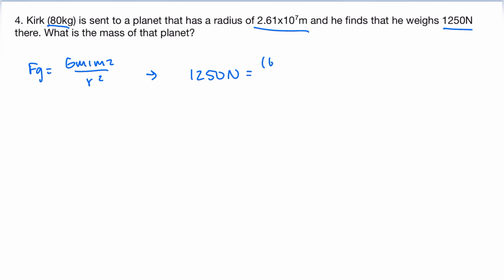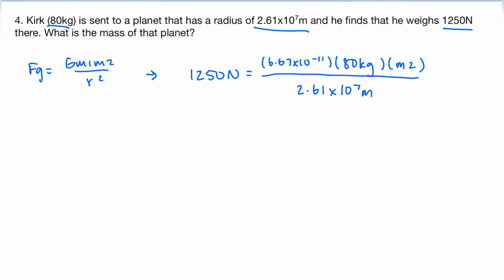Big G is 6.67 times 10 to the negative 11th, times mass 1, that's Kirk's mass, 80 kilograms. Mass 2 is the mass of the planet, which we're trying to find. And the radius is 2.61 times 10 to the 7th meters, squared. Once we solve this out, we're going to get a mass 2 of 1.6 times 10 to the 26th kilograms.